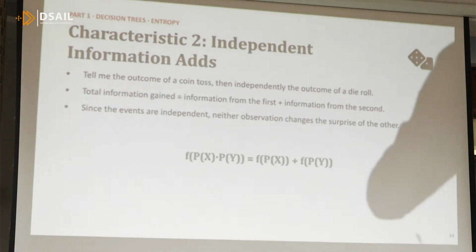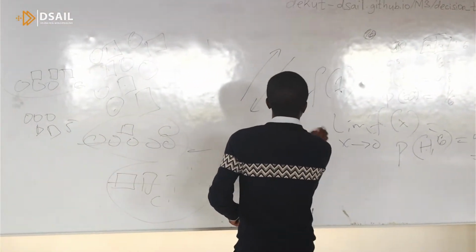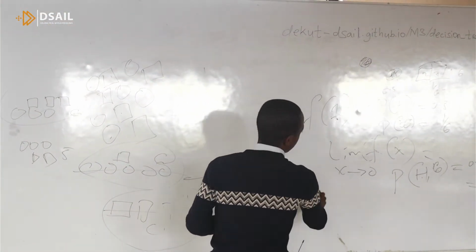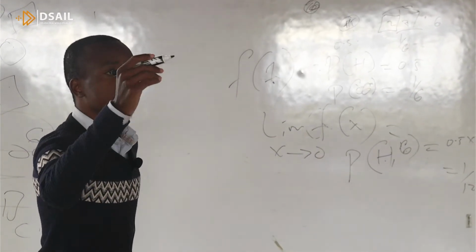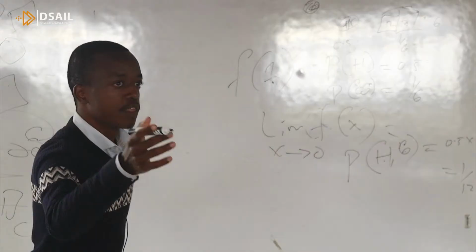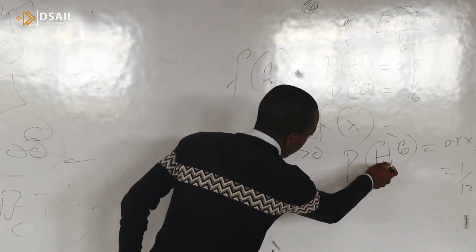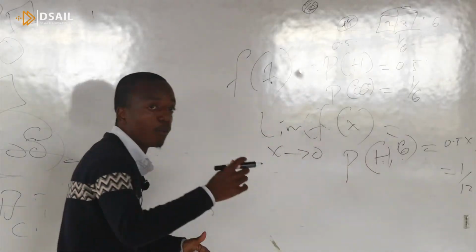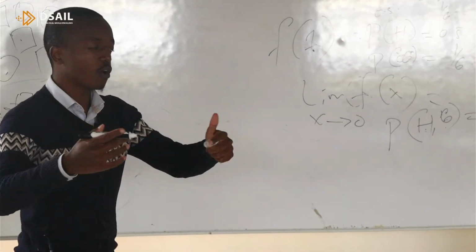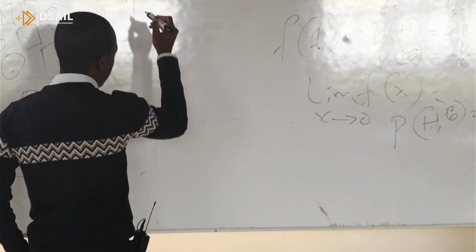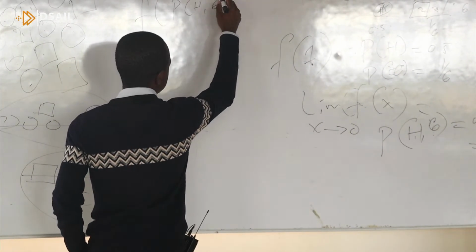Are we together? Let me repeat this, because this is very important. It's leading us somewhere. Let's take this example of a coin. Remember that surprise is correlated to probability. When we want a joint probability of a coin being head and a dice being 6, we multiply the probabilities. So if you want to measure the surprise or the entropy in that case, which is our function f, we simply do f of probability being head and 6.